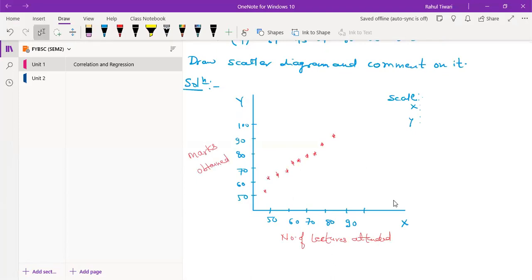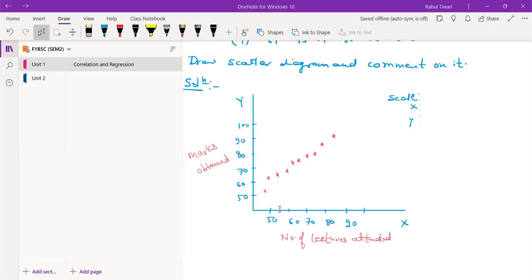Can you tell me what your conclusion is looking at this data? What do you feel about these two variables? What is your comment? Yes, direct correlation.